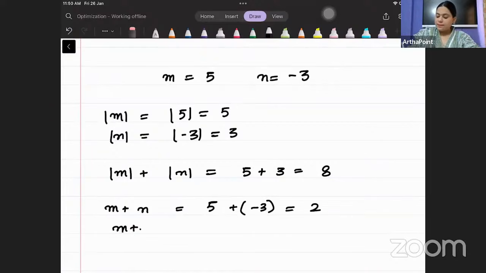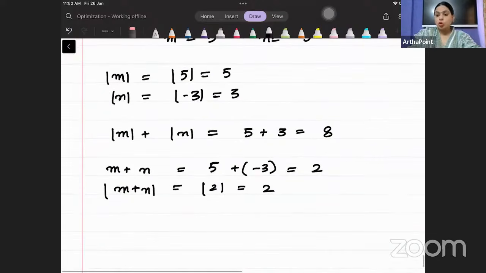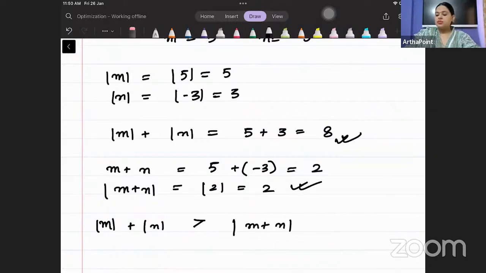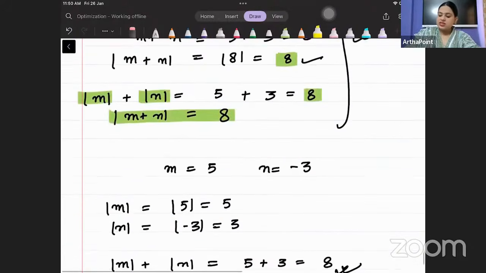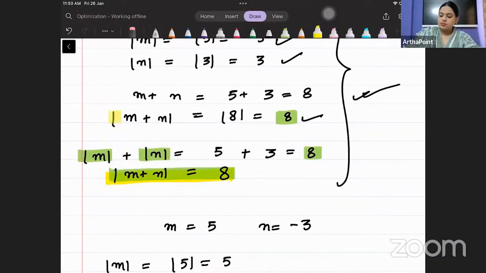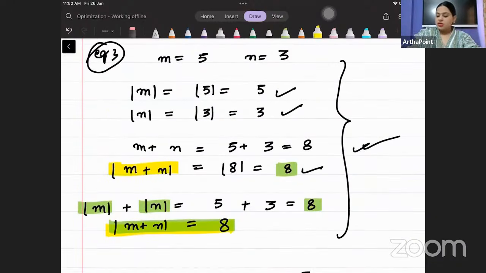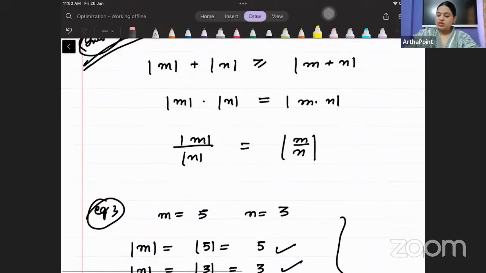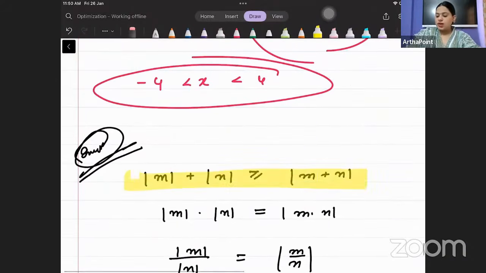So beta what will be m plus n mod? 2 का mod 2. So do we see कि m mod plus n mod, ये this is greater than m plus n mod ये. So in this case this is more. In this case these are equal. Right? These are equal. So either it can be equal or more. ये रहा आपका rule. Clear हुआ? Either it will be equal or more.